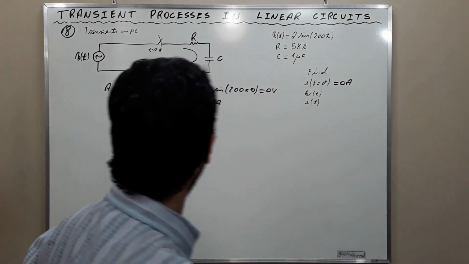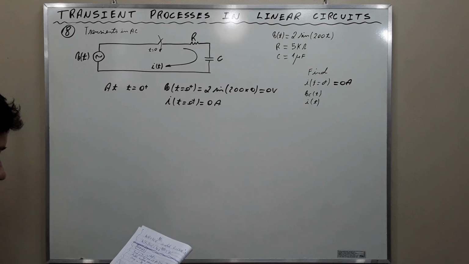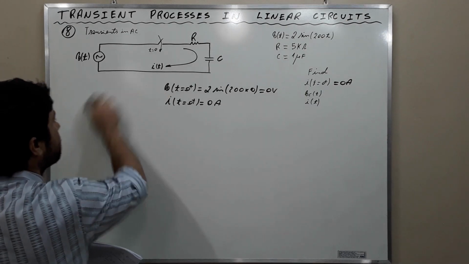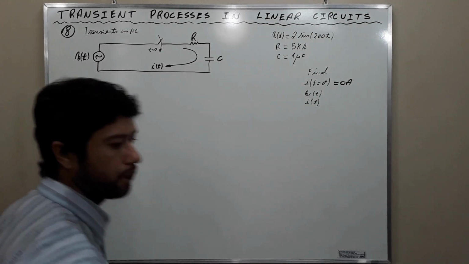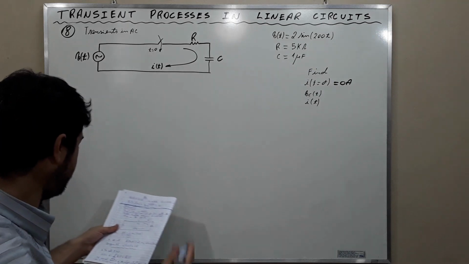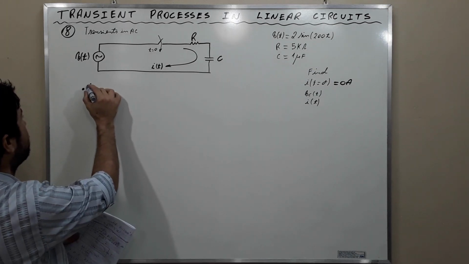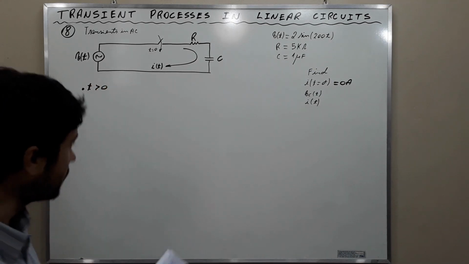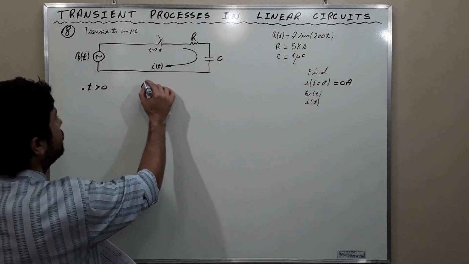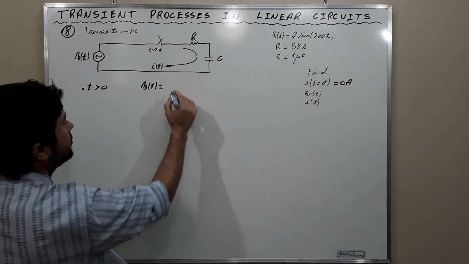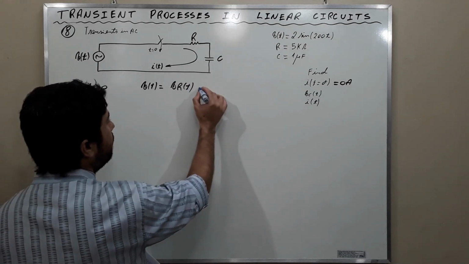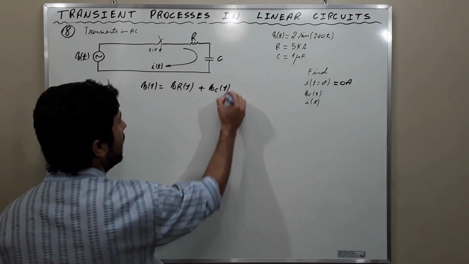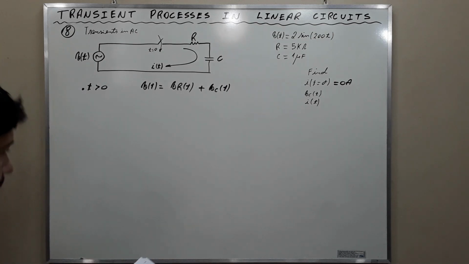Alright, now let's see what happens for t greater than 0. For t greater than 0, the voltage of the source is equal to the voltage drop across the resistor plus the voltage drop across the capacitor.